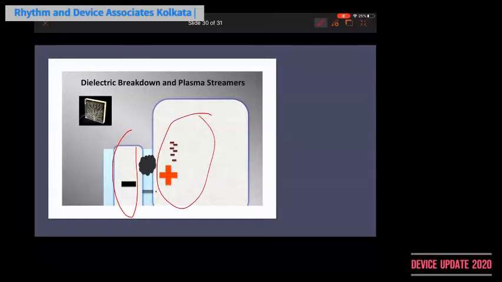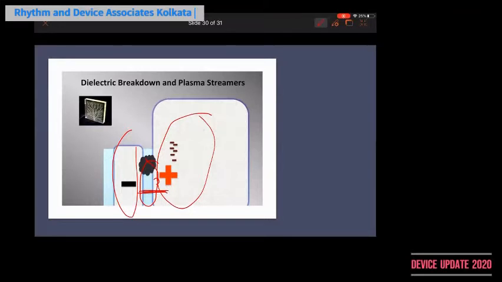So whenever you are delivering a shock, you are having a short circuit from this to this. Whenever you are delivering a high voltage, because of this small gap, there is plasma formation here, and this can injure the can integrity. So that is called dielectric breakdown and plasma formation.